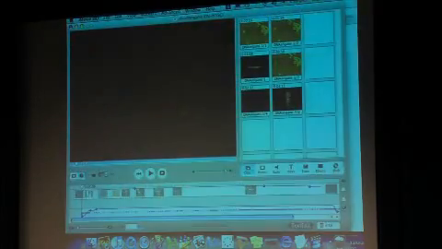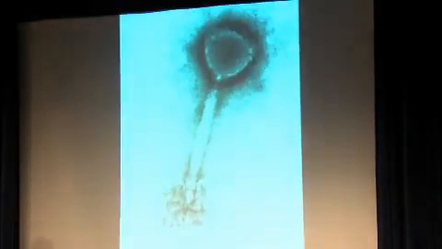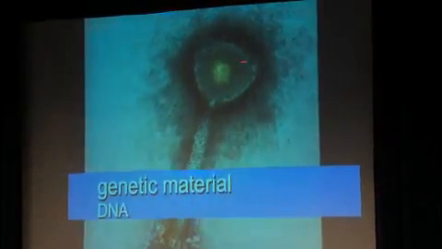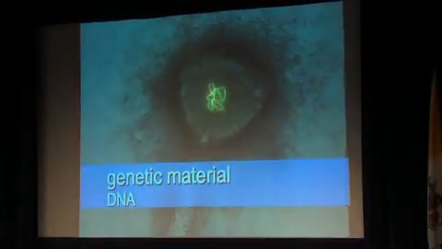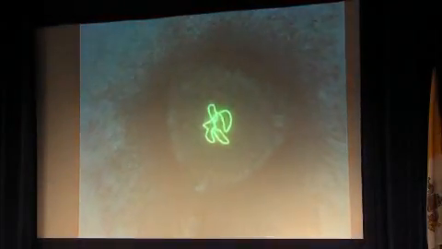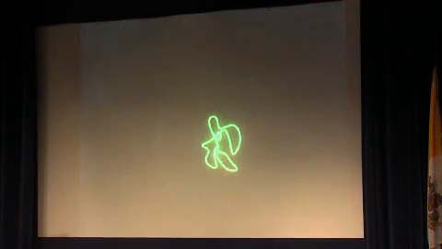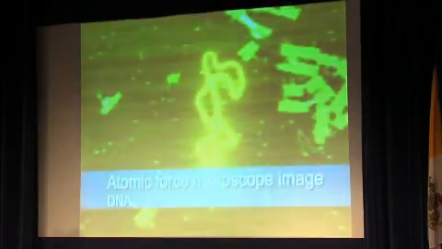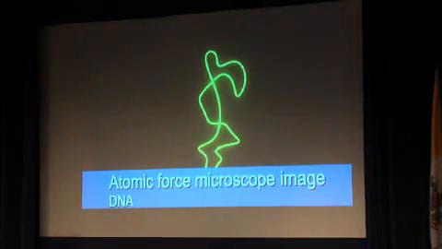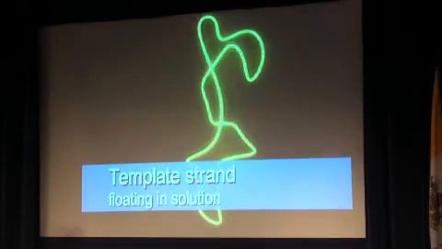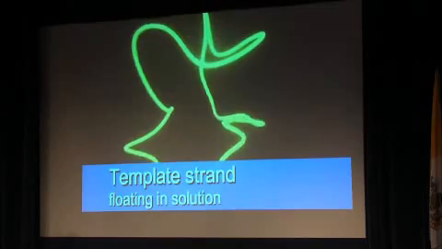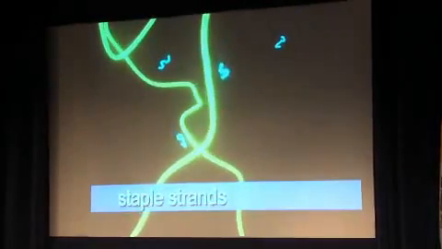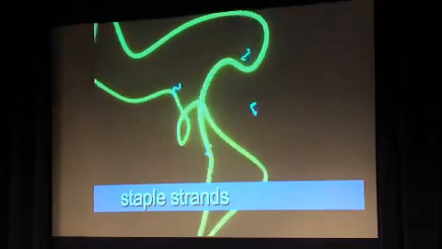Here we go. Okay, so this is just showing how the objects are obtained. We take the genome from this virus, and that's just removed, separated from the protein. That's a shot of it on mica, but the assembly is done in solution. We have this long template strand, and to that are added 216 synthetic oligonucleotides.